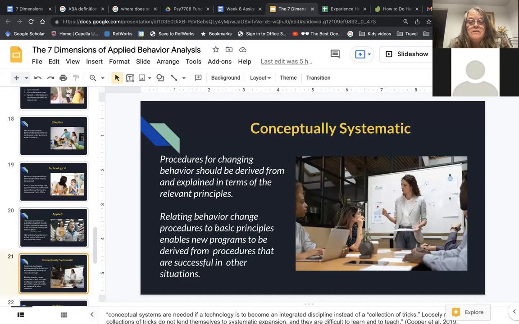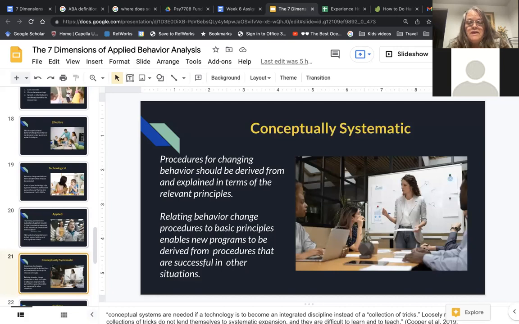So when the client or the individual encounters a reinforcer, that behavior is going to increase once that reinforcer has been identified.